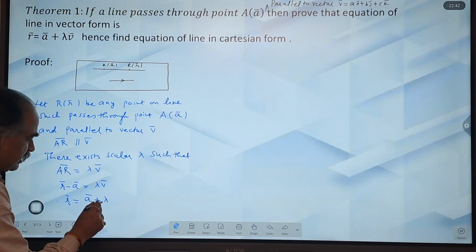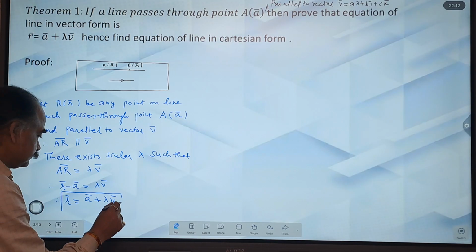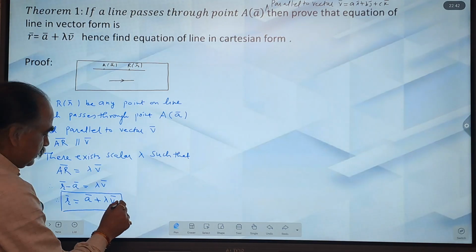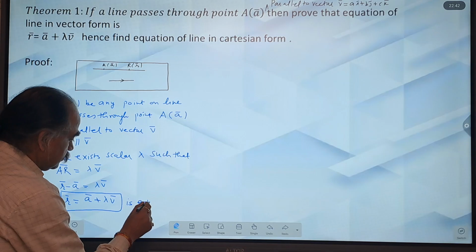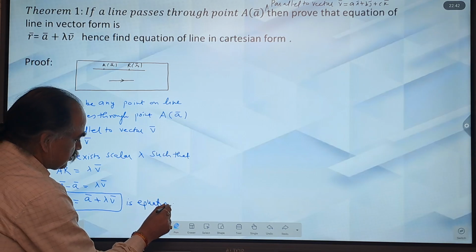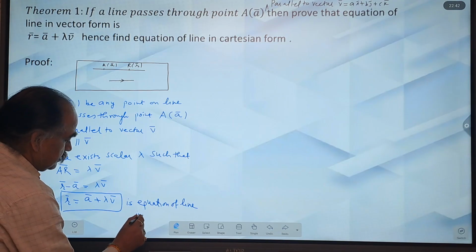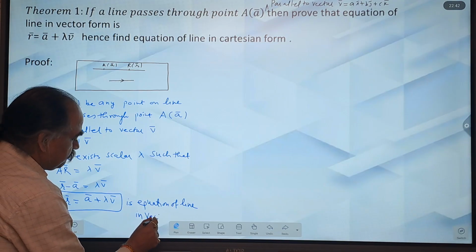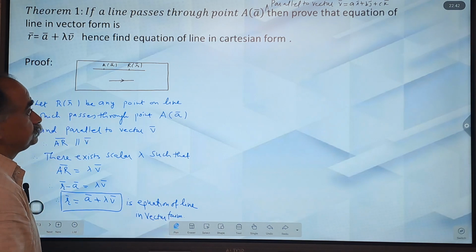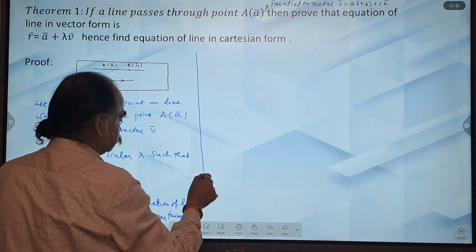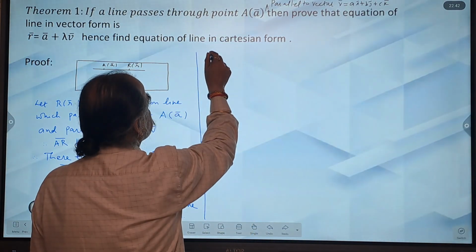A bar plus lambda V bar is equation of line in vector form. Now to write equation of line in Cartesian form.